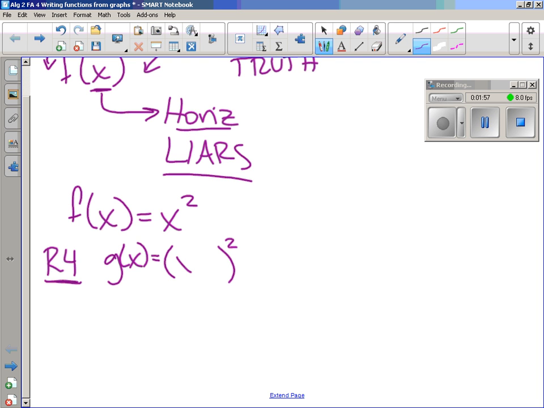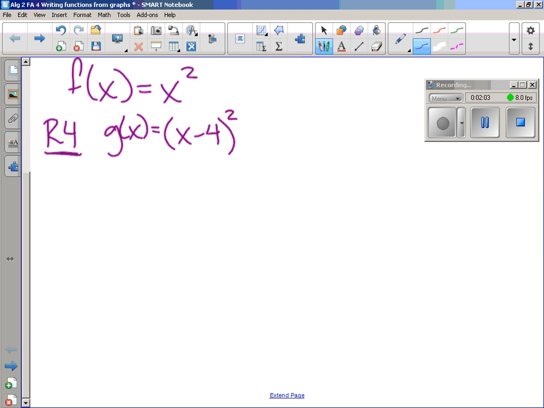So I'm not going to write plus 4, but minus 4. That's my transformed function. Then let's say I want to go down 2 from my original function. I don't put that in with the x, I put that outside. So down 2 would be minus 2: x squared minus 2. That would be my new function.